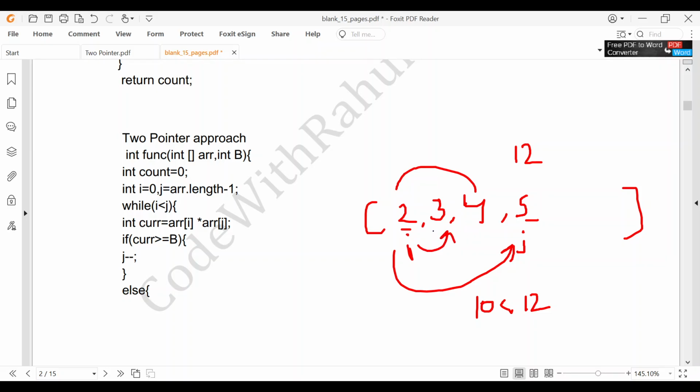Yes, because if 2 and 5 is a valid pair, then 2 and 4 will give a number which is less than 2 times 5 only. So 2 and 4, which is less than 2 and 5, should be considered a valid pair itself.